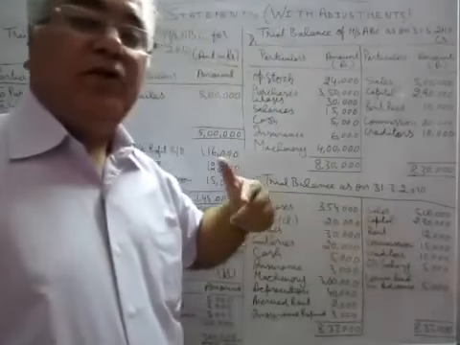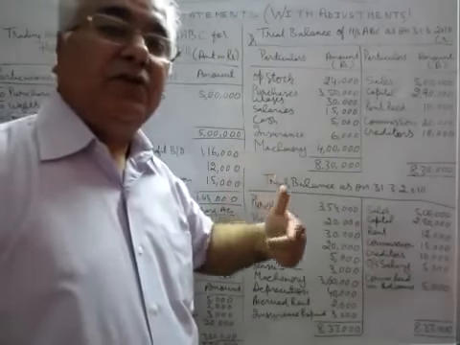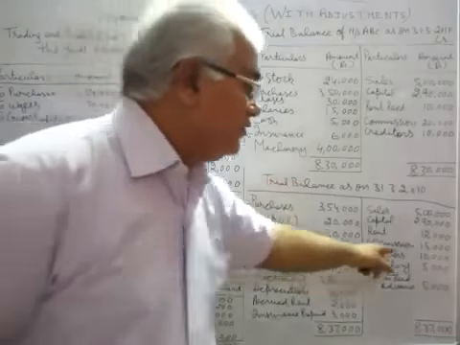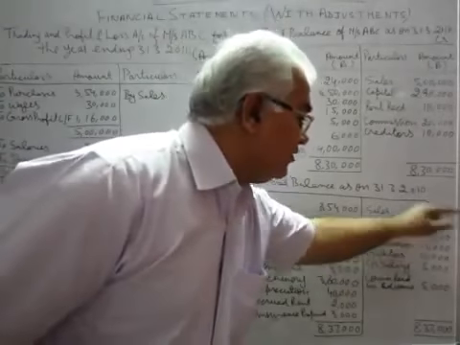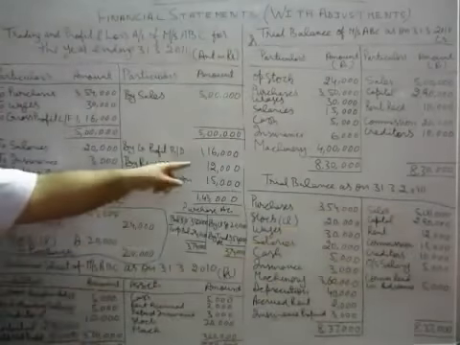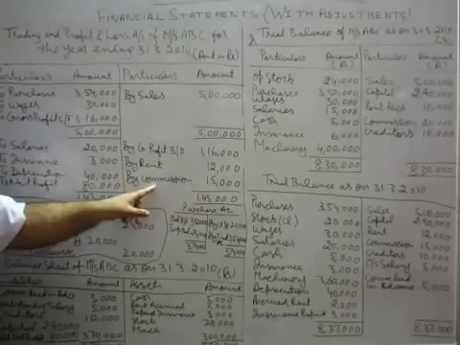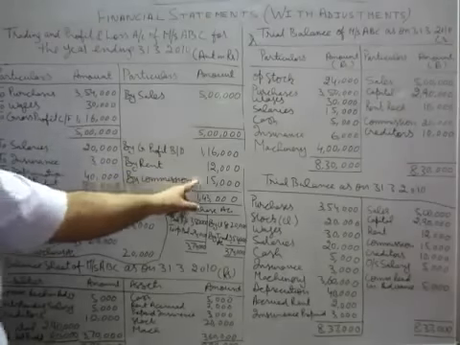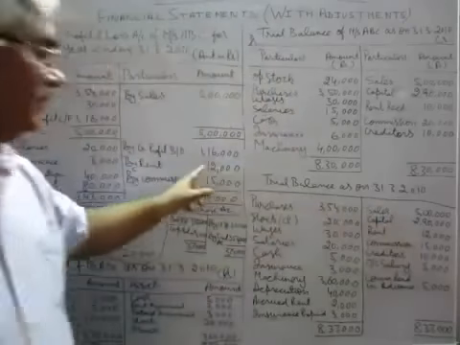Okay, then here is rent. This is after adjustment. Do you remember earlier it was 10,000 and 2,000 was receivable, so after adding that it came to 12,000, and this is being shown here. Similarly, commission also is after adjustment. This is being shown here.